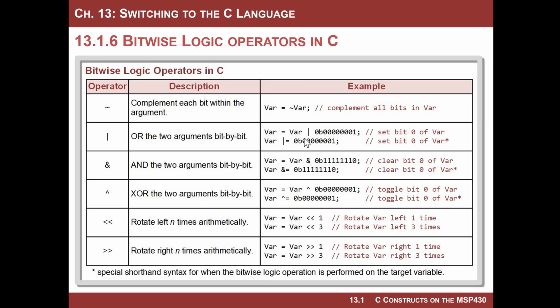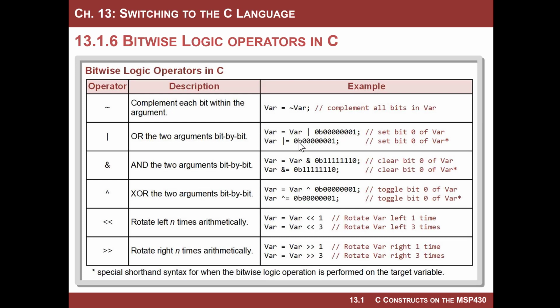Now, C gives us this interesting shorthand where if you are going to assign to the variable that is the argument, you can actually do this instead. So we say var gets assigned, and then you put the actual operator in front of the equal sign.